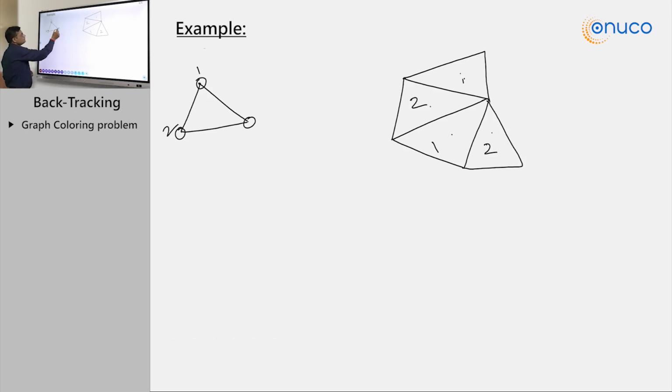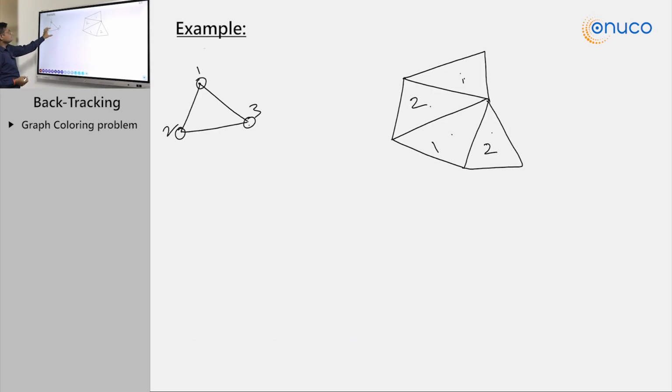Since this node is also adjacent to the first, and adjacent to the second as well, we cannot use the second here. So this should be unique compared to 1 and 2. Hence, how many colors are we going to use? 3 colors to be used in this particular case.